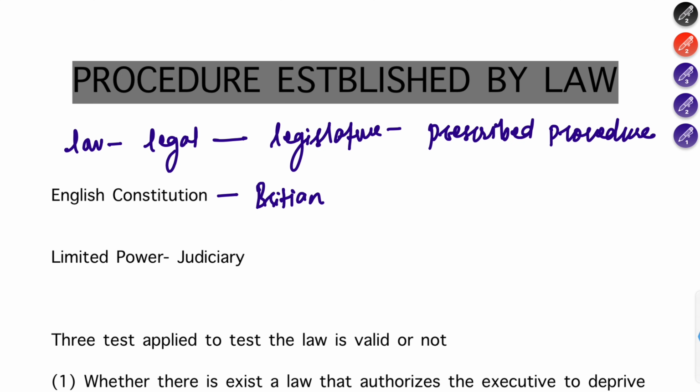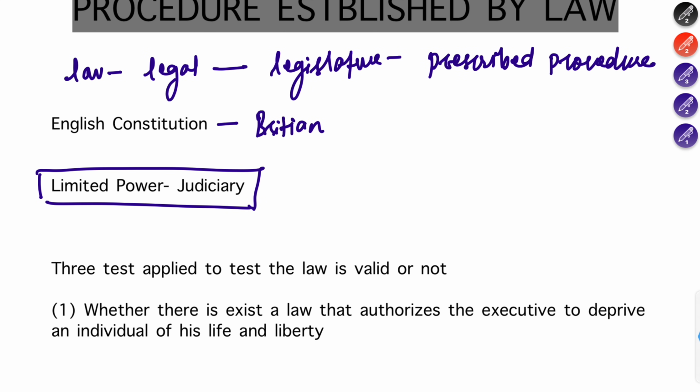The doctrine confers limited power on the judiciary. There are three tests applied to check whether the law is valid.